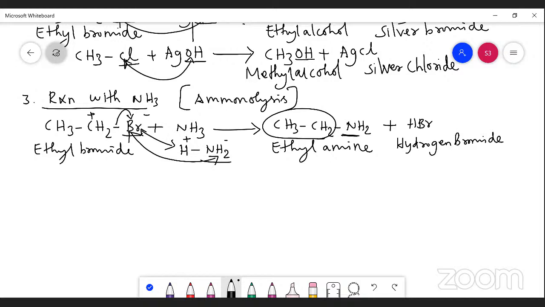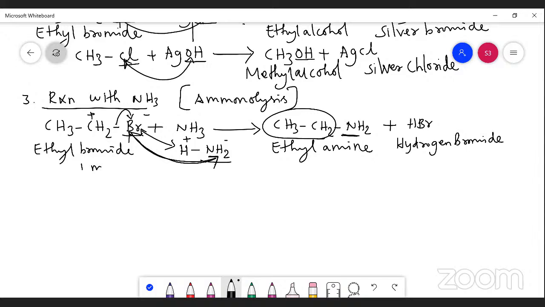Okay. So if you take ethyl bromide reacting with ammonia, you will get ethylamine by the reaction of nucleophilic substitution of one nucleophile by another. So then you can understand this comes under a type of what? Nucleophilic substitution reaction.